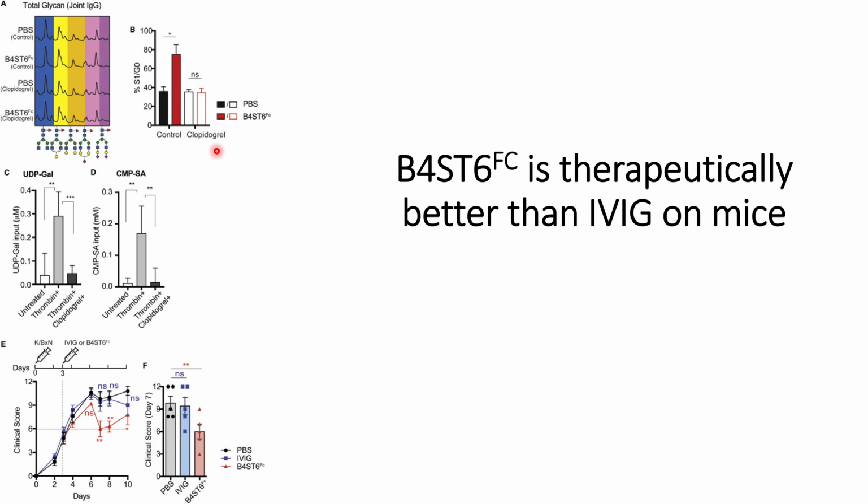And thereafter they also want to check whether the platelets also release the sugars that are responsible for inhibitory actions against the autoimmune response, such as galactose and sialic acids.